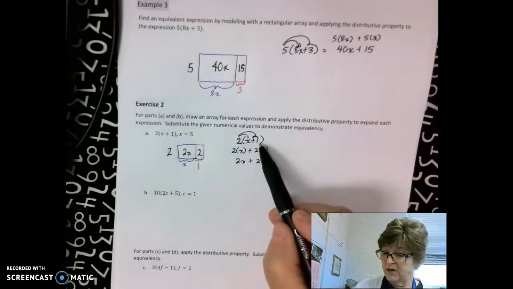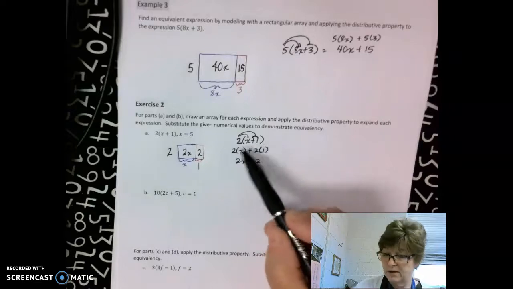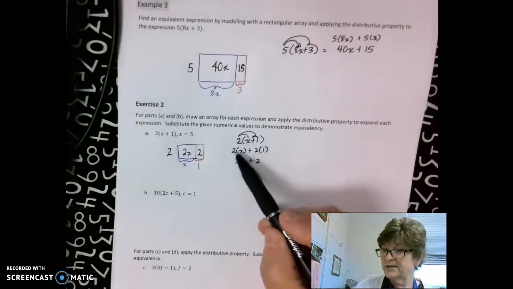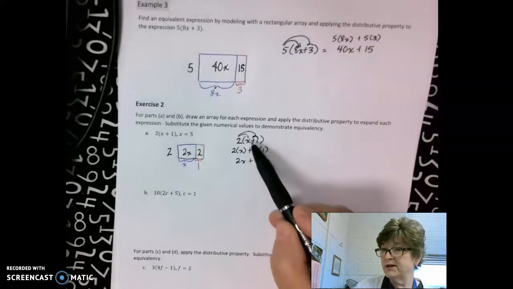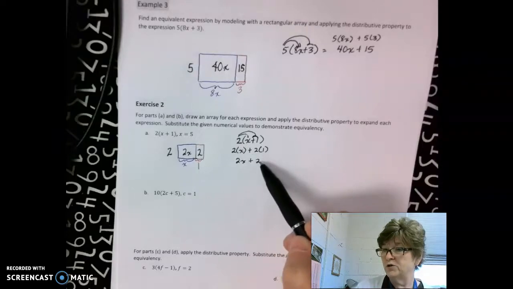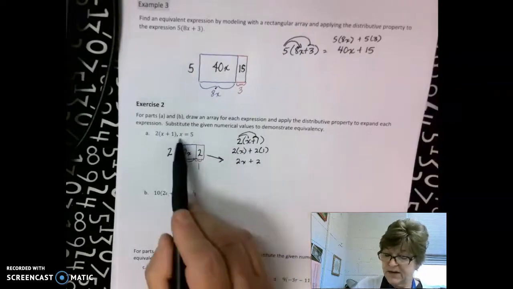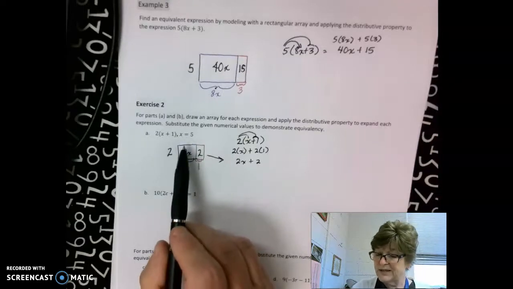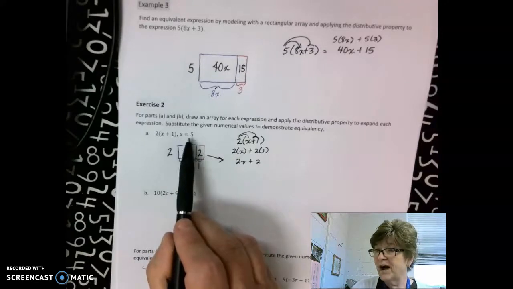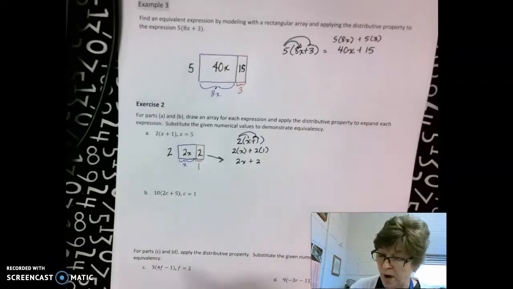So as we look here, I'm showing you the distributive property. 2 times x is 2x, and 2 times, don't forget this plus 1, is 2. Notice the relationships here. Now this next part says we're going to actually substitute 5 in for x and prove whether the distributive property works.